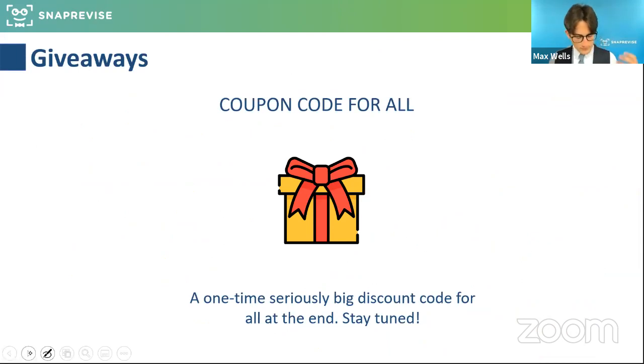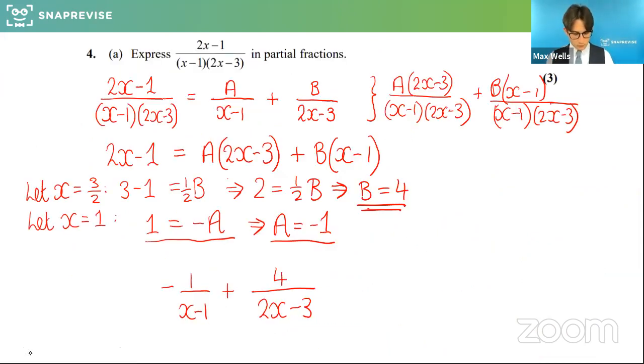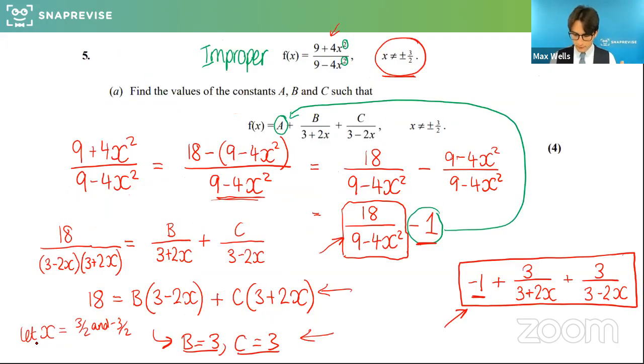So this one was very straightforward, just do the partial fractions. Then we saw an improper case whereby we looked at how the denominator could be manipulated to produce this value of A, and then we could just do the same method for partial fractions. Lovely, welcome back if you've rejoined.